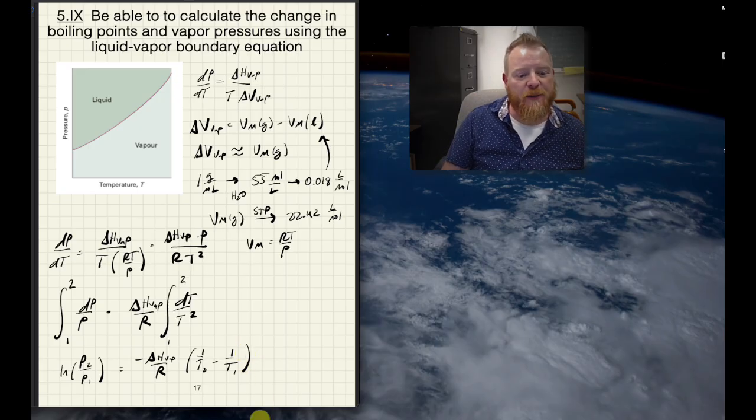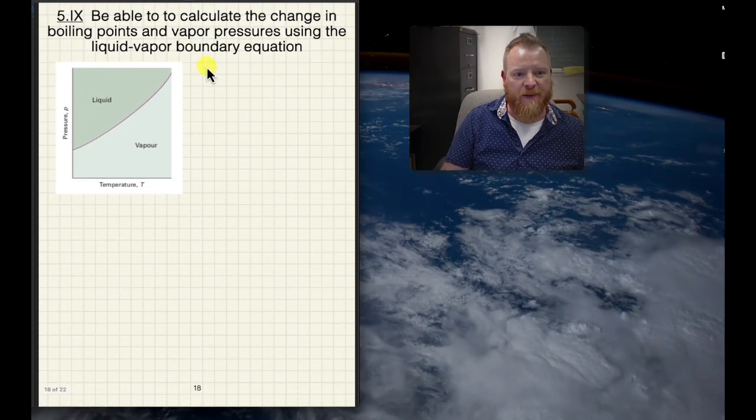I'm going to continue this on the next slide. Okay, so continue along. I planned that well. Sometimes I don't always plan my slide craft very well. Okay, so let's rewrite what we came up with.